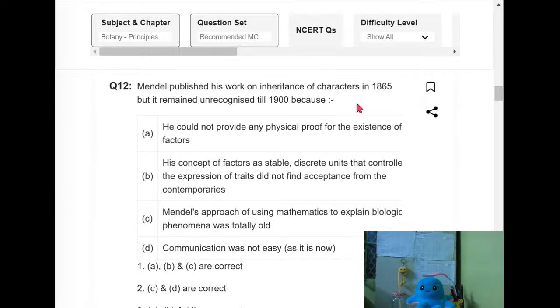Mendel published his work on inheritance of characters in 1865, but he remained unrecognized till 1900 because he could not provide any physical proof for the existence of factors.